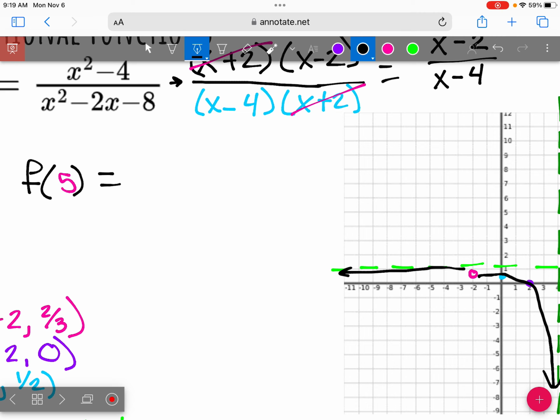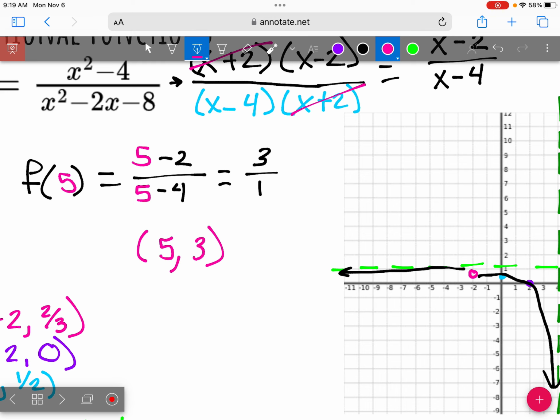So we can use 5 minus 2 over 5 minus 4. 5 minus 2 is 3. 5 minus 4 is 1. So we get a point when x is 5, y is 3.